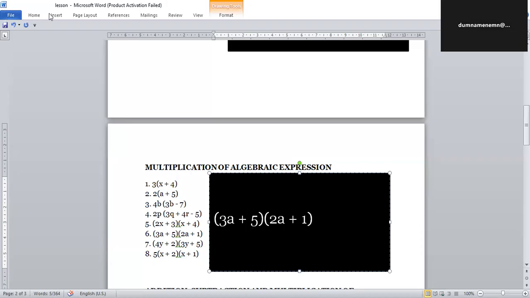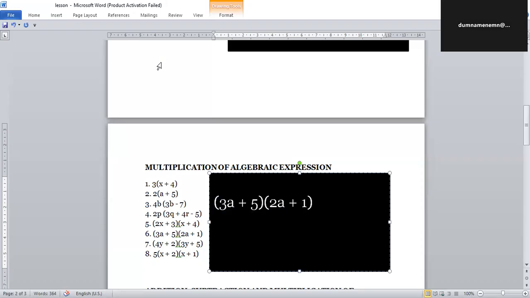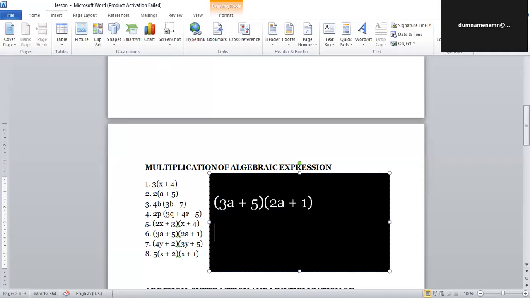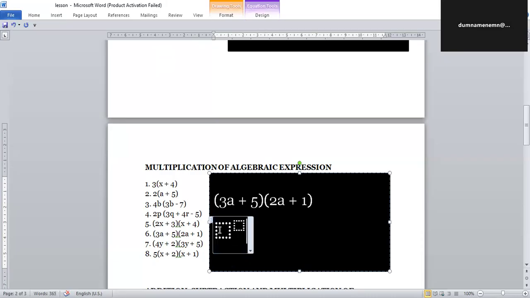So 3a is going to multiply 2a. So 3a multiply 2a. Can you say it before I actually say that? Or type it down? Okay. All right, let's see whether you're correct. 3a multiply 2a, I'm going to have 6a squared. 3 multiply 2 is 6.